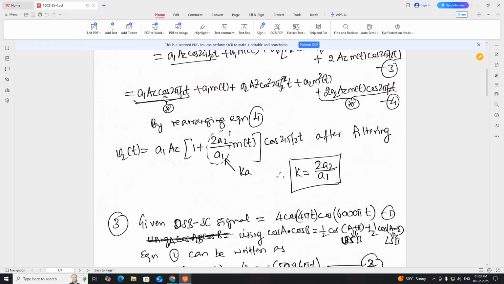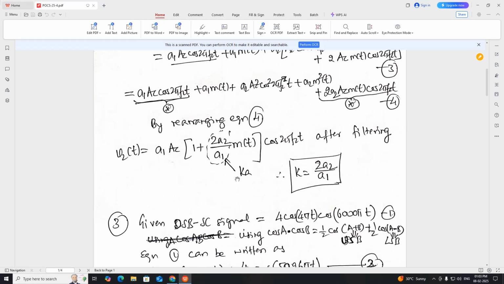So we will consider these two, rearranging the entire equation 4, or if we pass this V2 to the band pass filter, after filtering and rearranging of course, V2 will be A1 Ac [1 + (2A2/A1) m(t)] cos 2πfc t.